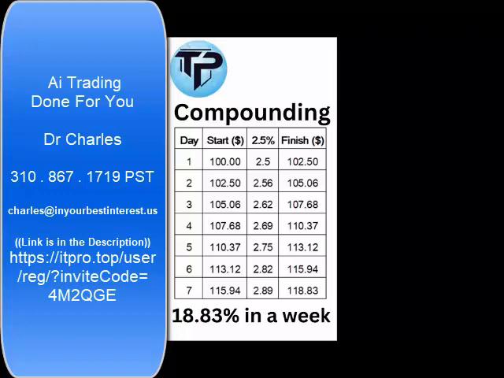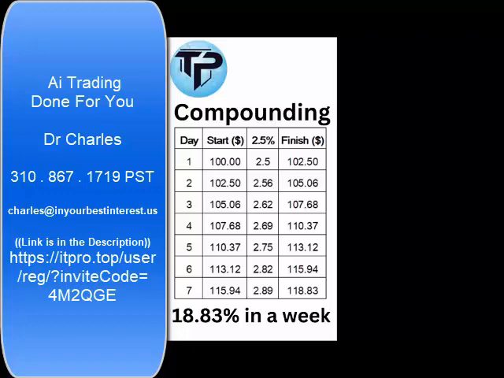So you start day 2 with $102.50. 2.5% of that is $2.56. So you add that $2.56 onto the starting amount, and you end up with $105.06. So obviously on day 3, you're starting off with $105.06.